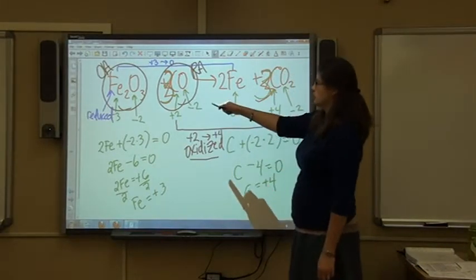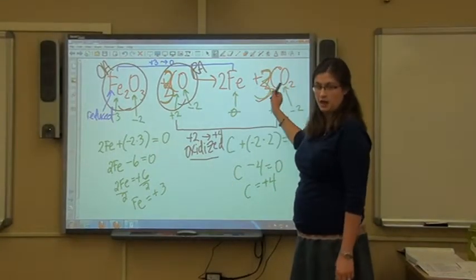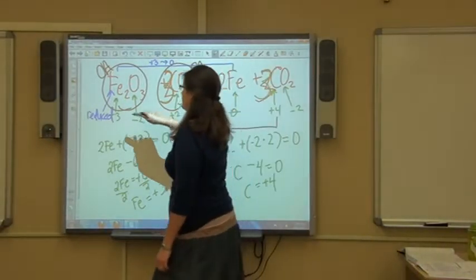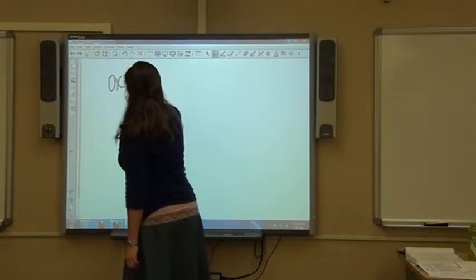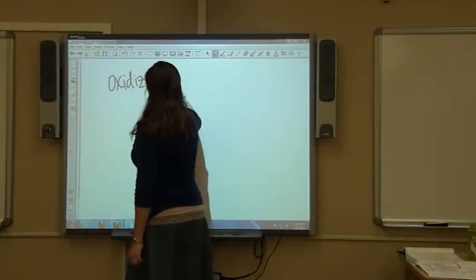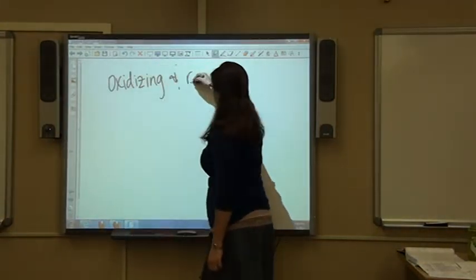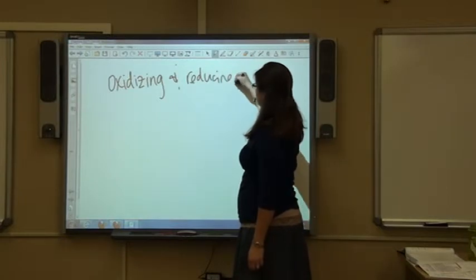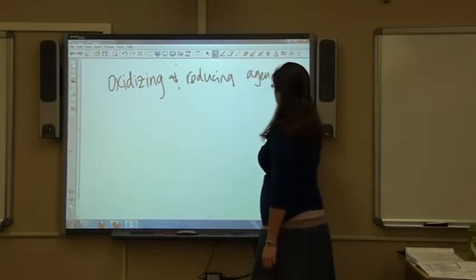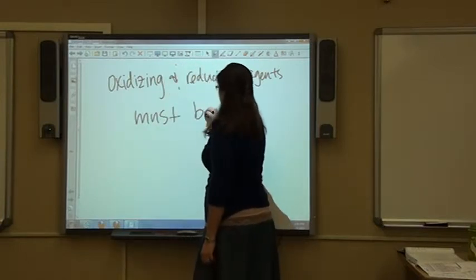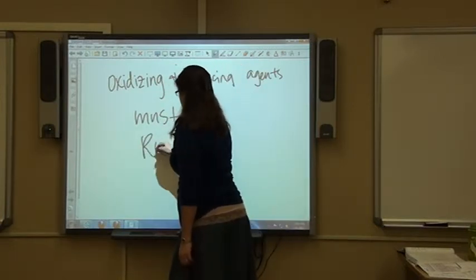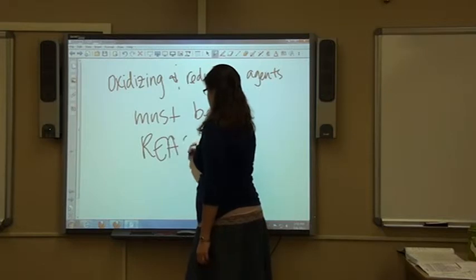How come I circled carbon monoxide as opposed to carbon dioxide? Let's talk about that. Oxidizing and reducing agents must be reactants.